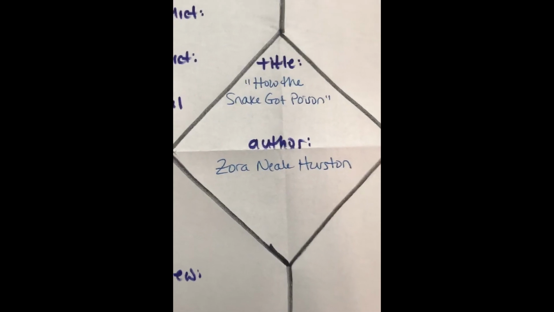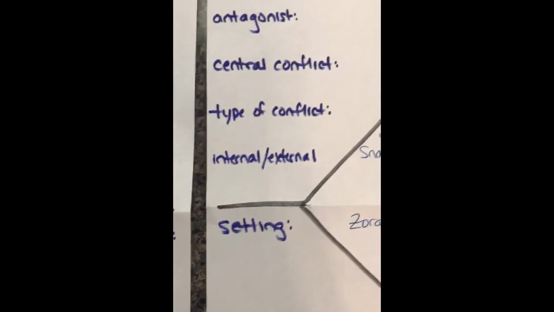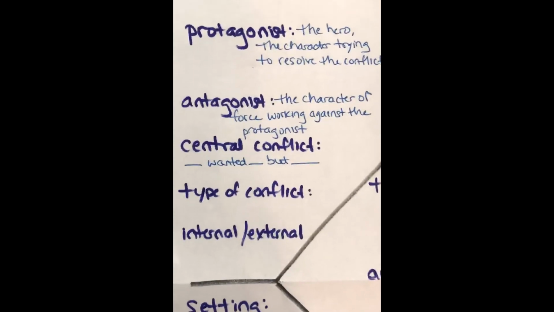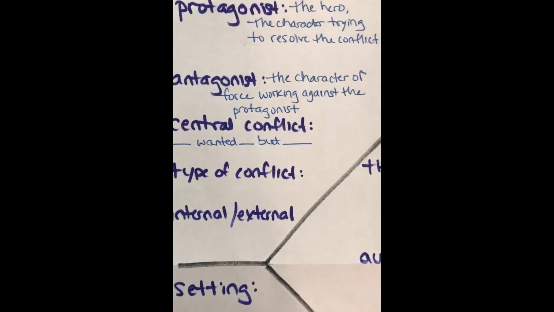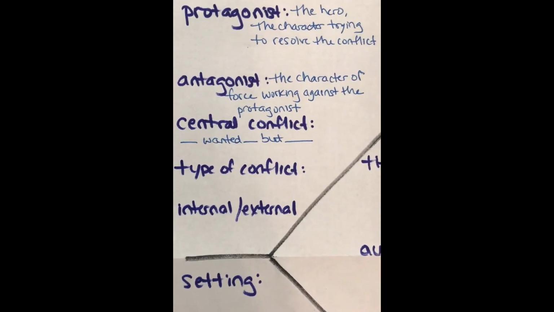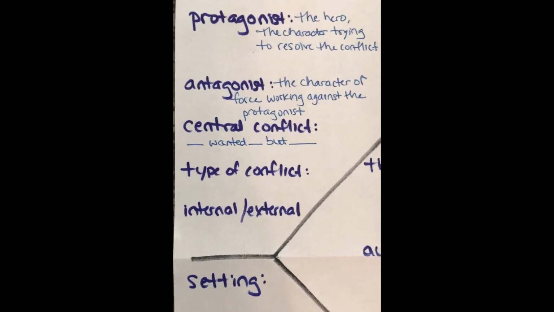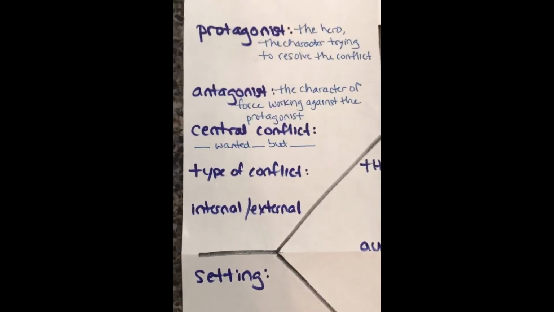So now we're going to figure out the protagonist, the antagonist, and the central conflict for how the snake got poisoned. Let's look at our definitions. We're looking for a hero, we're looking for an antagonist, something working against that hero, and in order to do that, we have to know the conflict. Well, let's think of our characters.